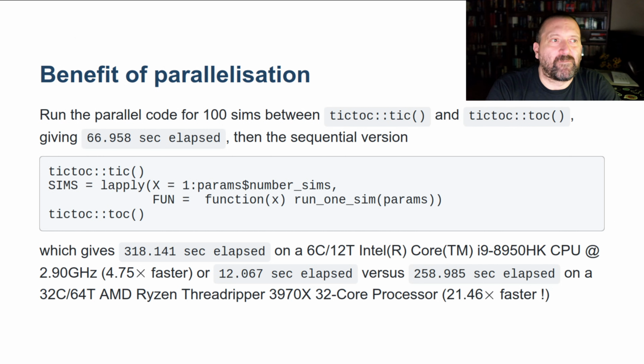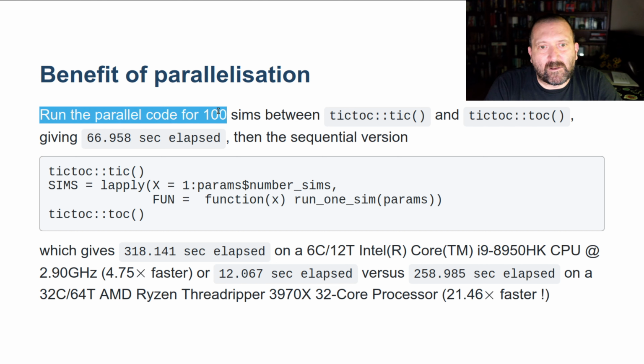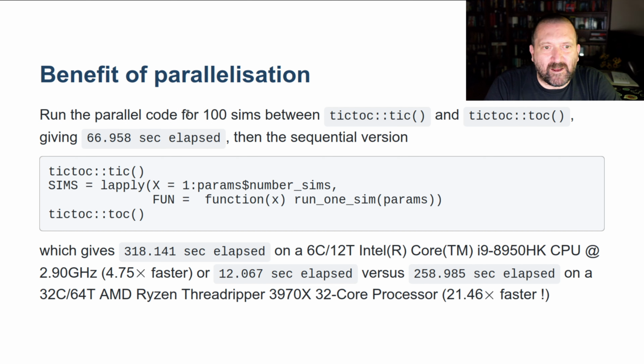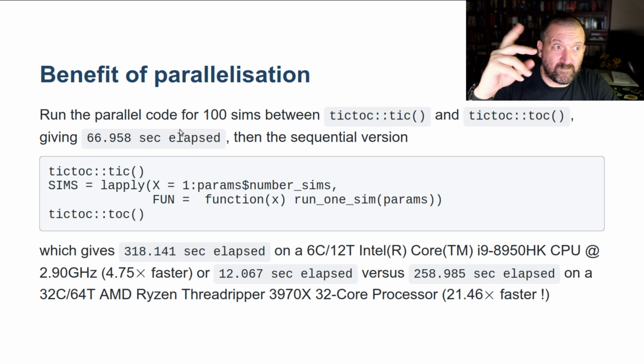And just to highlight why there is a benefit. So suppose that I was running code for 100 sims, and tick and tock, of course, measures the time between tick and tock.